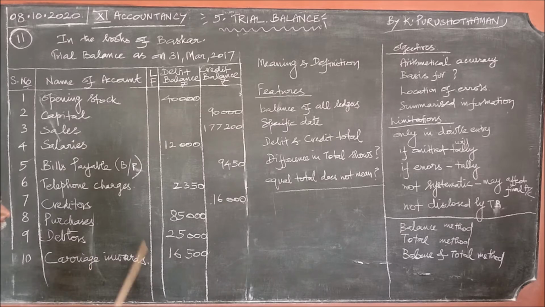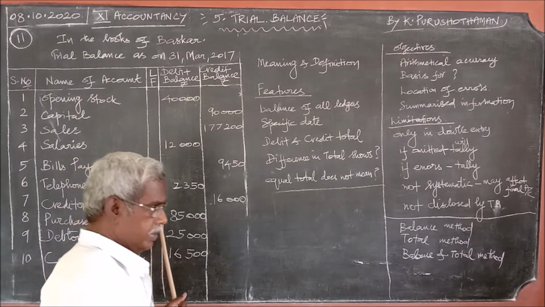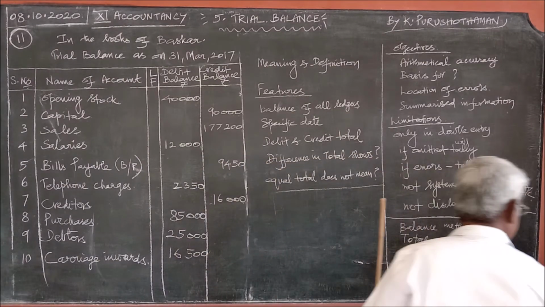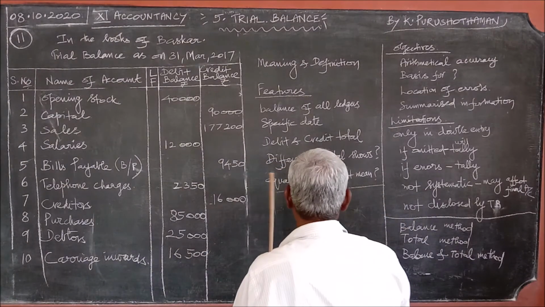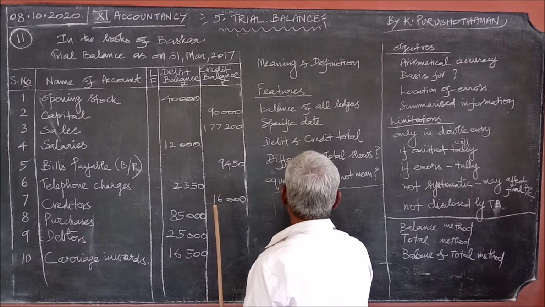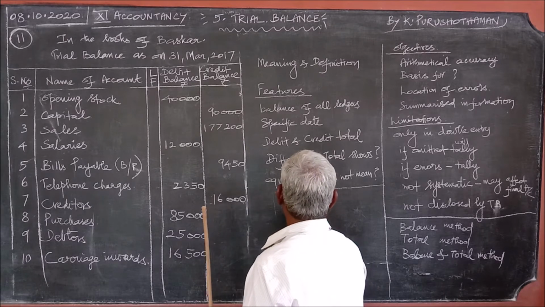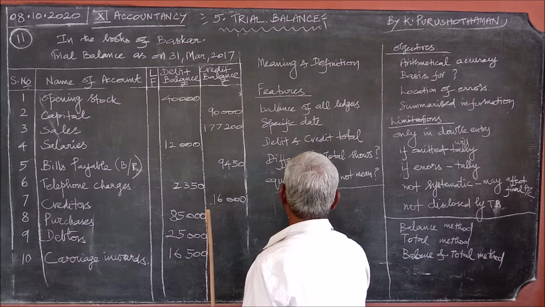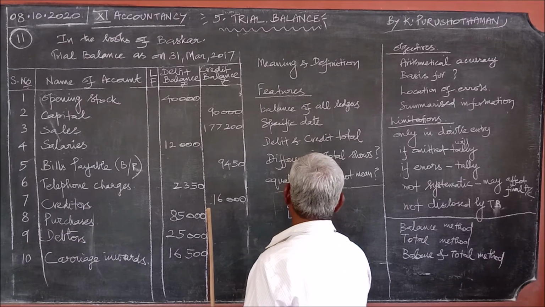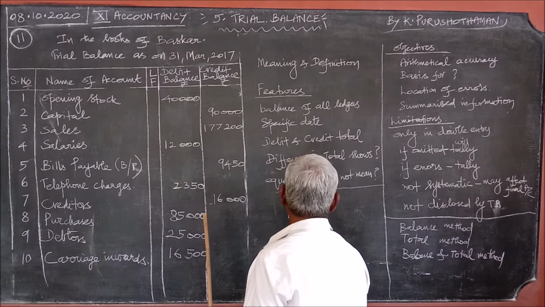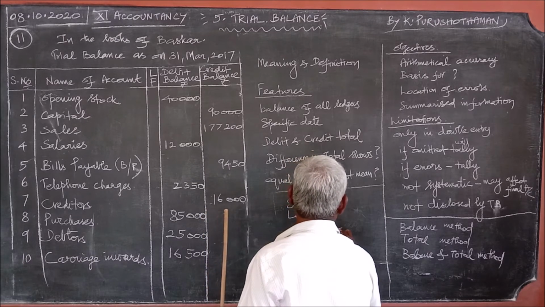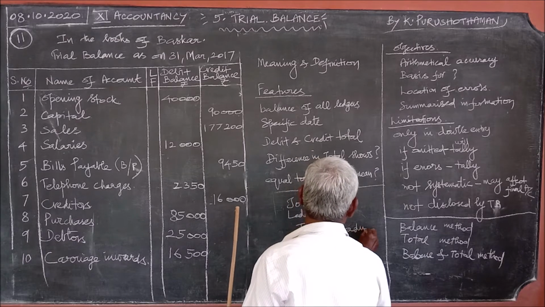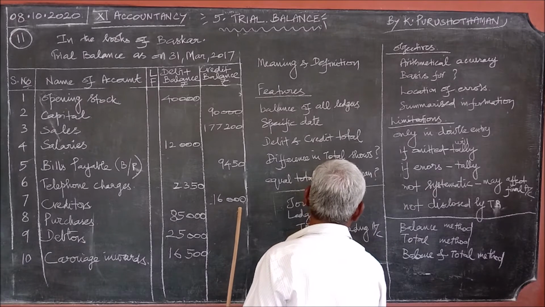So, only when you complete all six. What are those six items? Journal, ledger, trial balance. From the trial balance, trading account, profit and loss account, balance sheet.